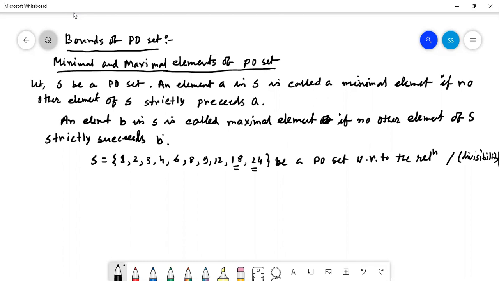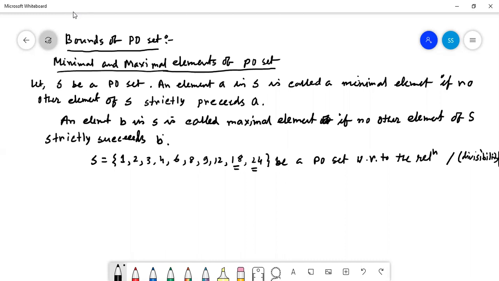But 12 cannot be maximal, because 24 is divisible by 12. Again 18 is divisible by 9, 24 is divisible by 8, and 24 and 18 are both divisible by 6, 4, 3, 2. But here two elements, 18 and 24, are not divisible by each other. So they both are maximal elements.